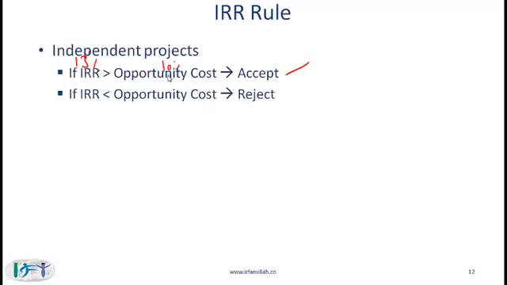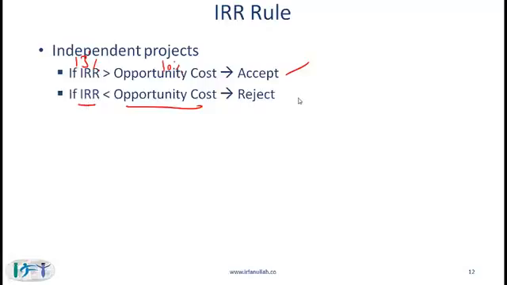Another way of expressing this is that 10% might be your cost of capital. That is how much it costs you to raise funds or raise capital. And then it makes sense that if the project returns 13%, which is greater than the cost of capital, then you accept the project. If the IRR is less than the opportunity cost, then obviously we should reject the project.